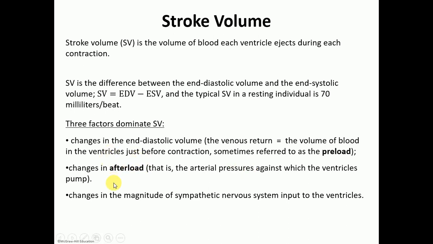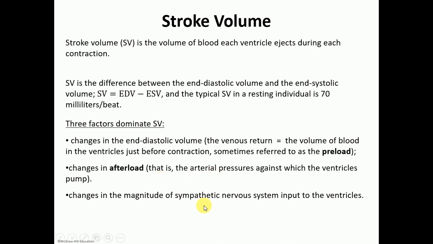Then there is the afterload. Now that the ventricles have to contract, they have to contract against a pressure, and that pressure could be in the aorta, in the case of the left ventricle. How high or low the pressure in the aorta is, that is your afterload. It is the arterial pressure against which the ventricles have to pump.